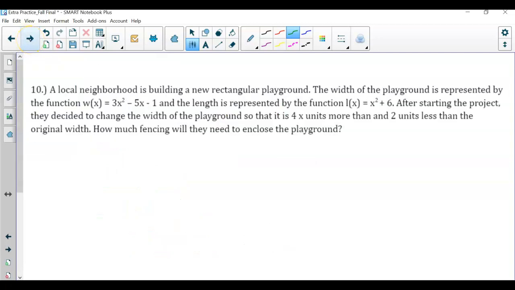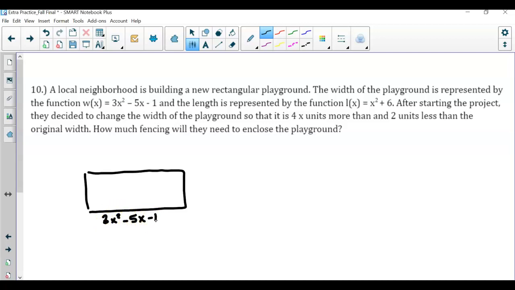And question number 10. This is review again on our polynomial. So the local neighborhood is building a new rectangular playground. So I've got a rectangular playground here. The width of the playground is represented by the function 3x squared minus 5x minus 1.